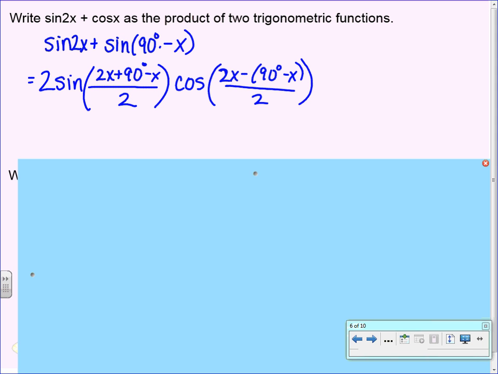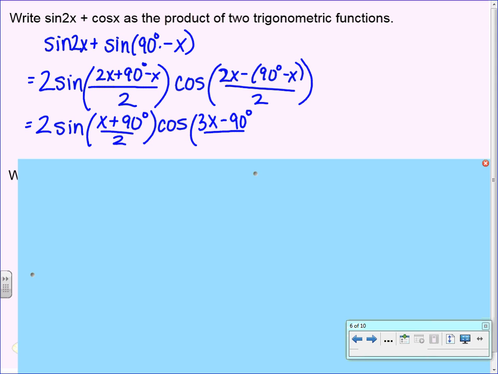What can I simplify? 2x and negative x give me just x plus 90 over 2. In the cosine, imagine you've got to distribute that negative through, so 3x minus 90 over 2. Nothing really reduces in either of those, so I would stop at that point.